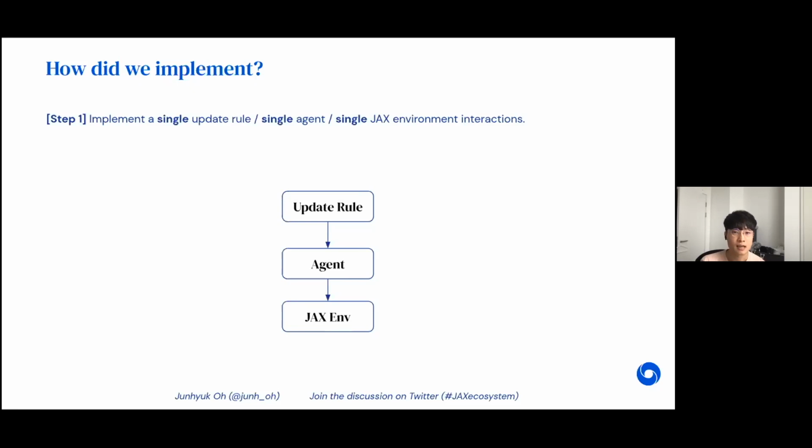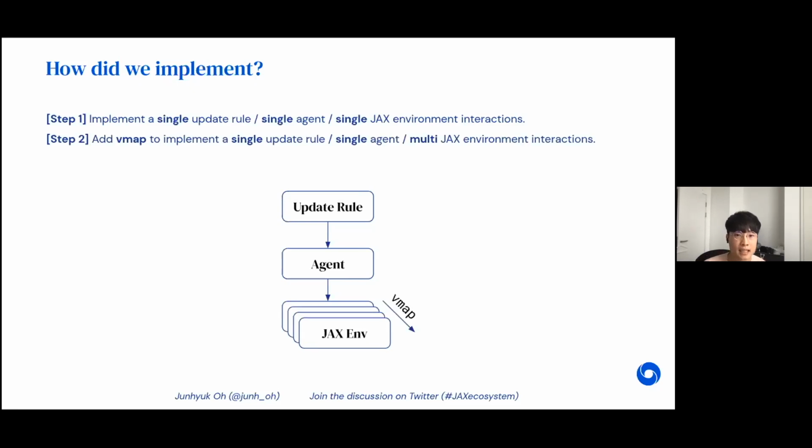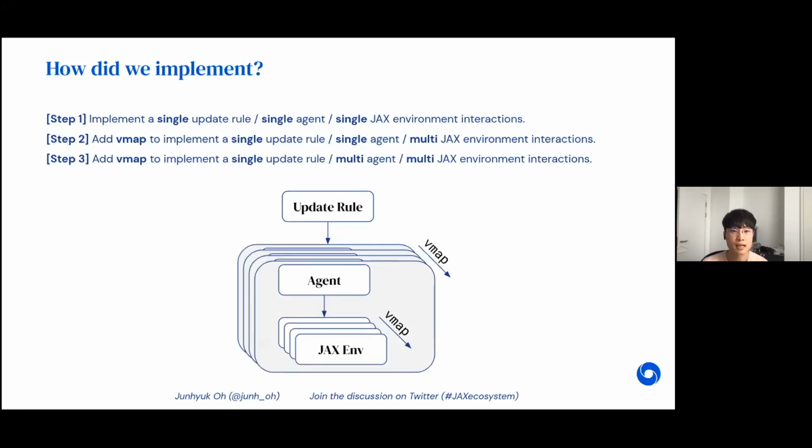And then in the next slide, we added a VMAP over the environments to implement multiple environments interacting with a single agent. And then we added another VMAP at the outer scope to simulate multiple independent learning agents, and each agent still has their own set of environments.